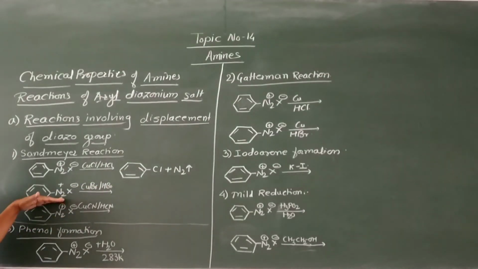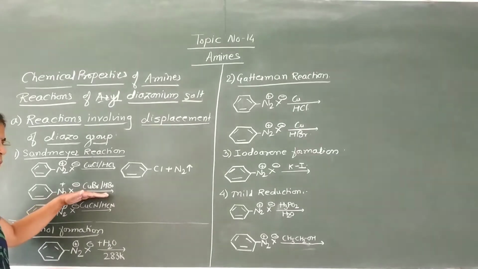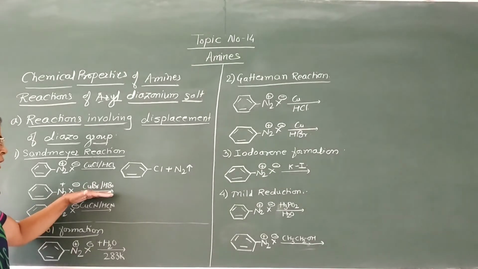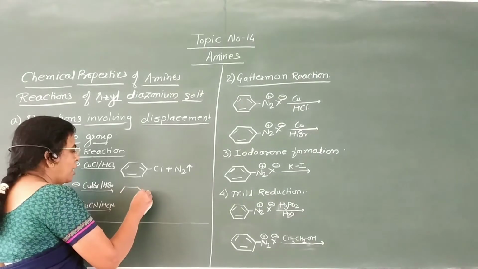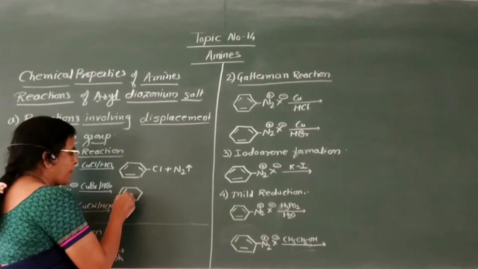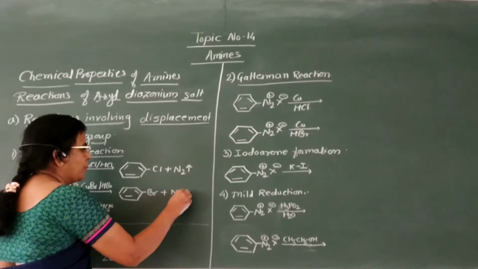Now in second reaction, when this aryl diazonium halide is treated with cuprous bromide, that is CuBr, in presence of HBr, then you will get aryl bromide or bromobenzene plus N2.